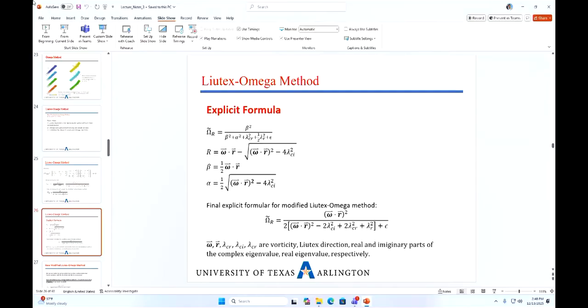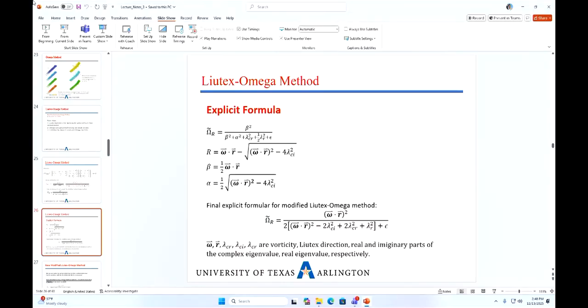This is also very clear: omega is vorticity, R is mutex, we know the eigenvector. And lambda Ci, you know that is the eigenvalue imaginary part, real part, real part. Epsilon you need to give. I believe some Chinese universities use this method as a standard method.